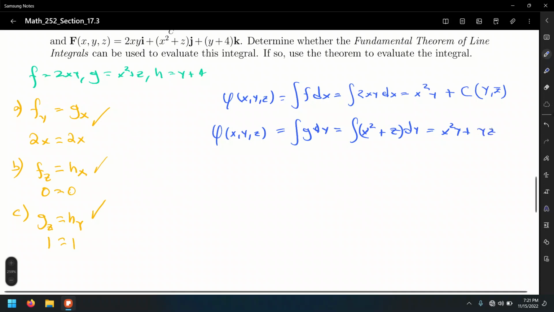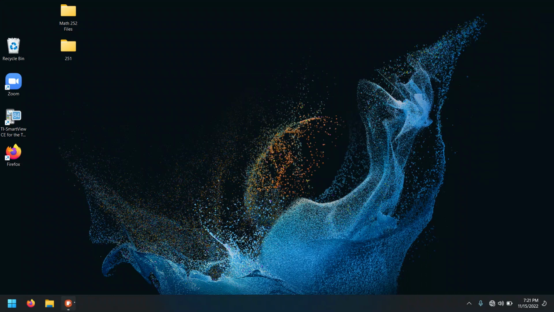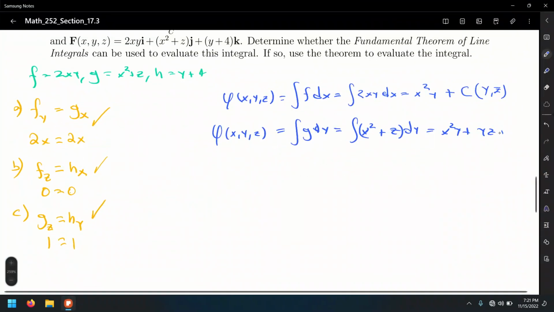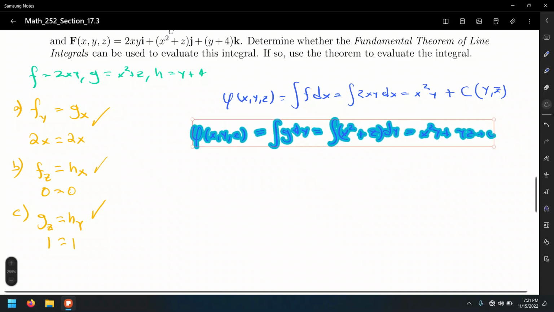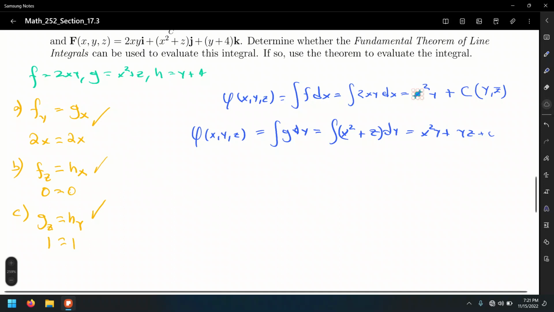Do you see this yz is indeed some function of y and z that we would have expected in the first integration? So I think we can already start thinking of reconciling everything to form this potential function. And in this case, well, that's some function c of x and z.